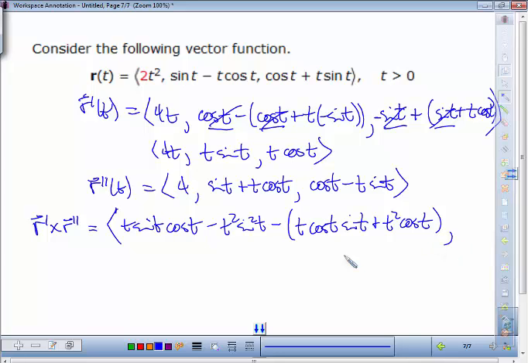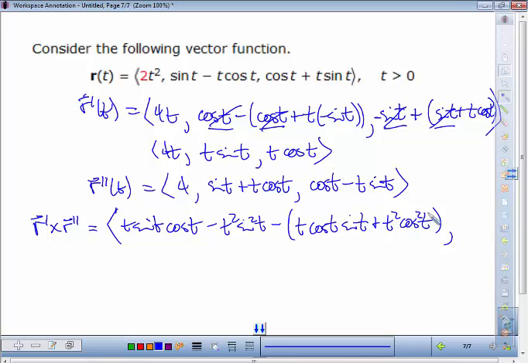So that's just the first component. I did this minus this. Well, that is the first component of my cross product, right?